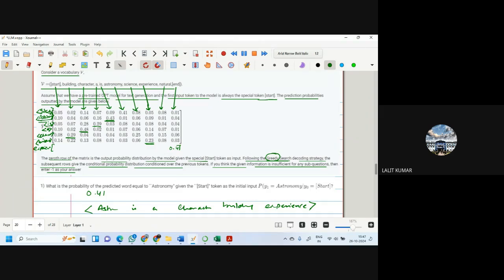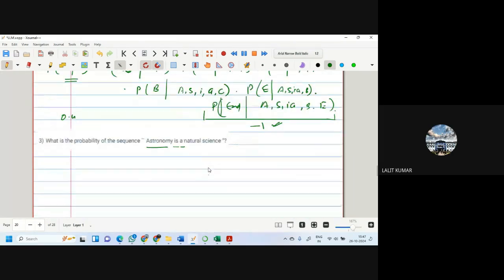Can you tell me your name, please? Herman, no, natural is not the highest. So when natural is not there, we cannot find the probability for that. So that's why the answer for this: natural did not come after A in the greedy one. So that's why the answer is -1.